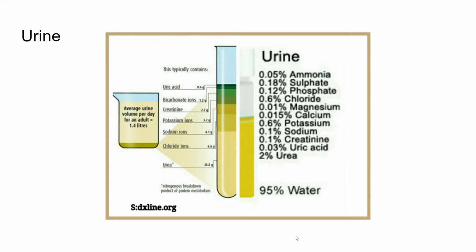Anytime that, like, if you go to the doctor and you give them a urine sample, they are looking at some of these different solutes in order to find anything that would be high that shouldn't be there, or looking for things that shouldn't be in there at all, like proteins. There shouldn't be any proteins.